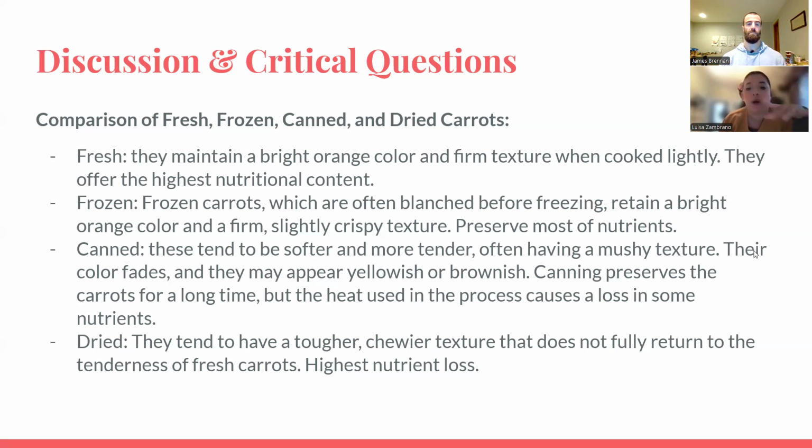And then for the dried carrots, they had intensely concentrated flavors and nutrients like potassium, but they were darker in color and they had a tougher and chewier texture. They do not fully return to the actual tenderness of the carrots because of the previous process of drying.